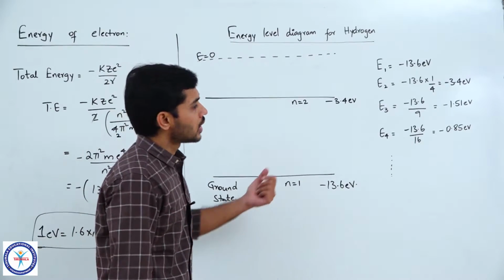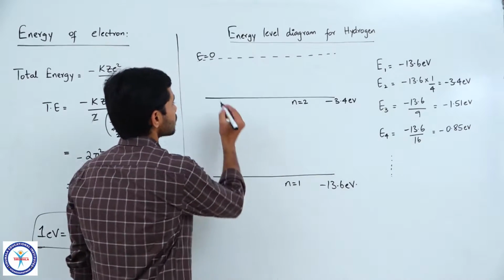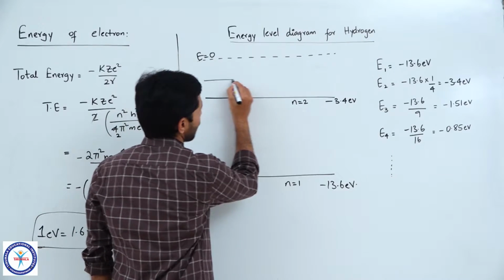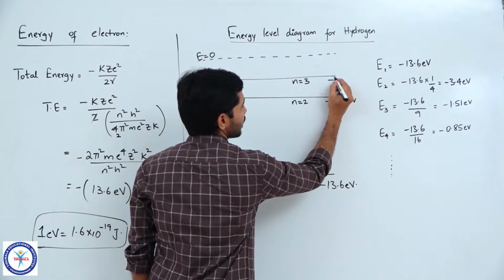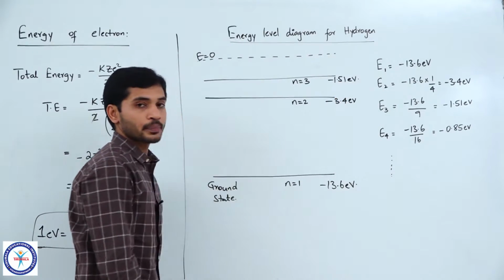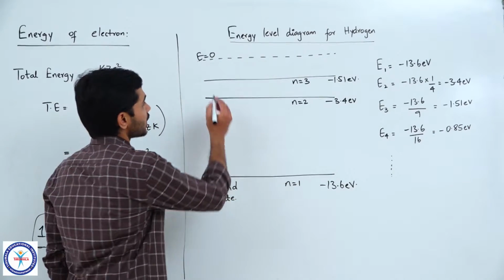Now, similarly, the third energy level is minus 1.51. So, on the energy diagram it would be somewhere over here. So, this corresponds to n is equal to 3 and the value of energy here is minus 1.51 electron volt. And similarly, the fourth energy level is minus 0.85.